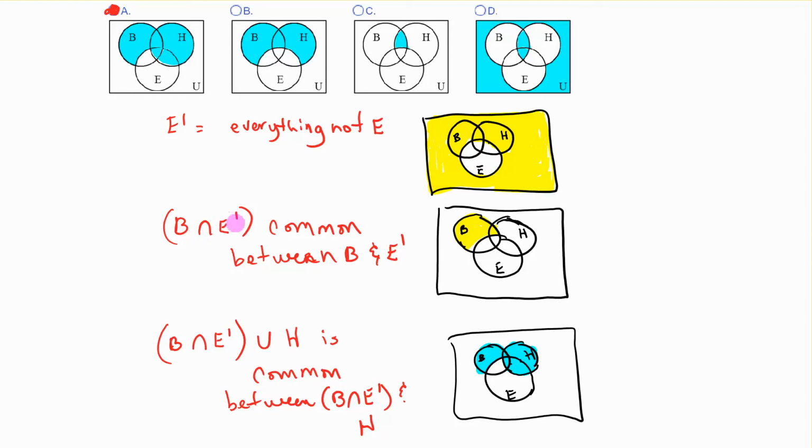B intersect that means what is common to this and the circle B would be this piece right here. So I just have that now. If I take that and union with H, then H is this part here, so now I have all of here and this part of B. And so we can see that is view A.